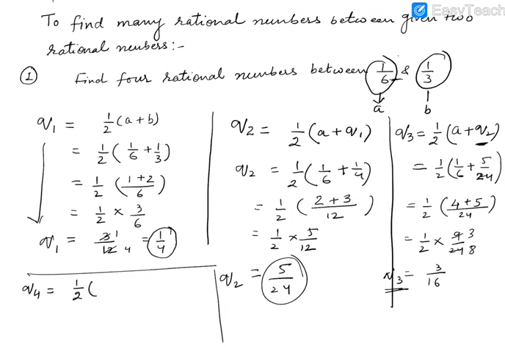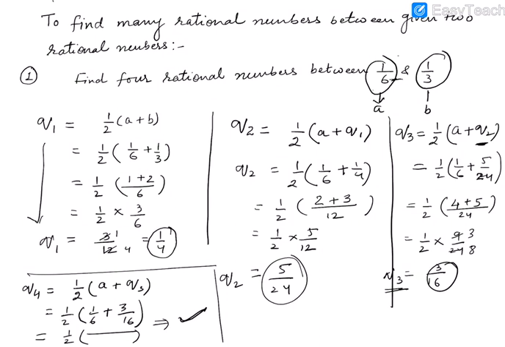You can take B also, doesn't matter, and in place of Q3 you can take Q1 also, then again you will get the fourth one. So in place of A we will write 1 by 6 and in place of Q3 we will write 3 by 16. Same procedure we will follow here. Take the LCM of 6 and 16 and solve it, and you will get the fourth rational number.